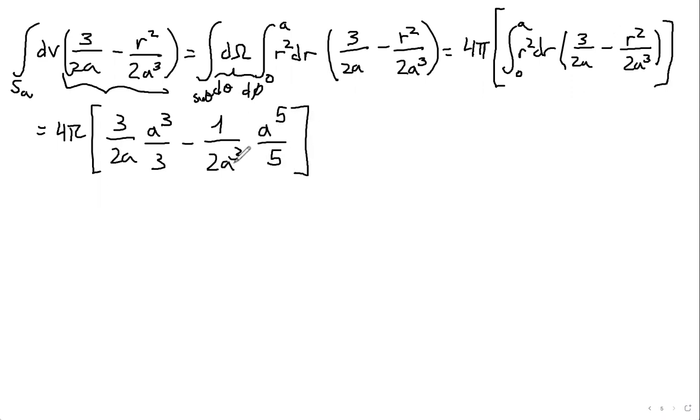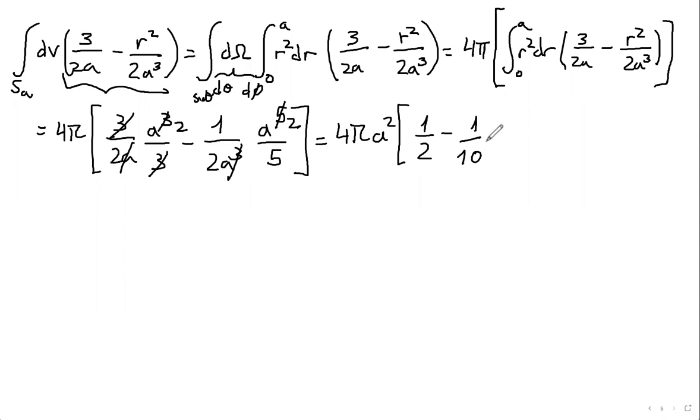So what you get is a cubed goes like this, you get a squared, so it's 4 pi a squared, and then the 3 with 3 goes away, so 1/2 minus 1/10, if I am correct.